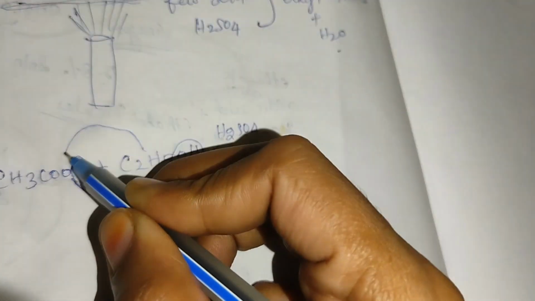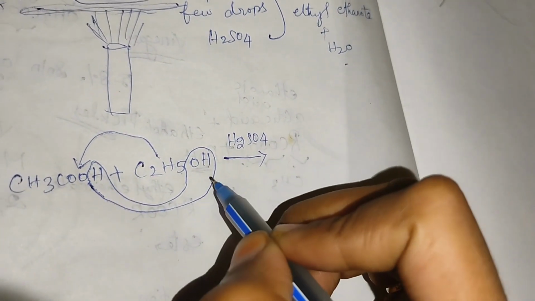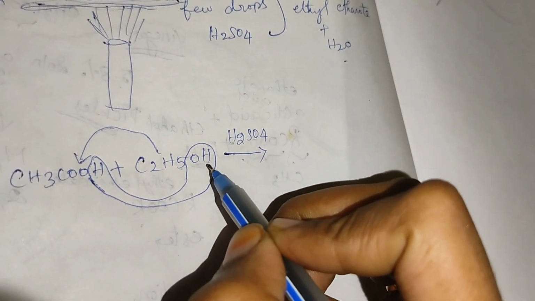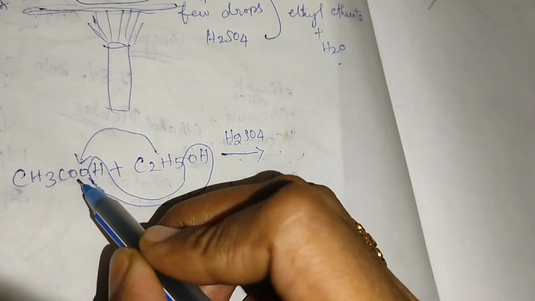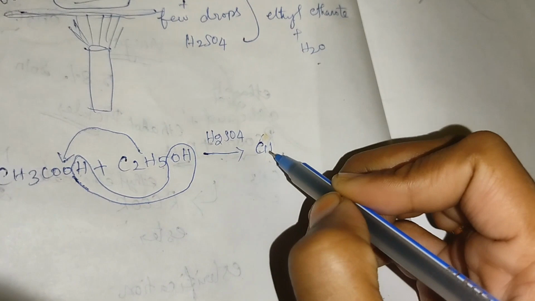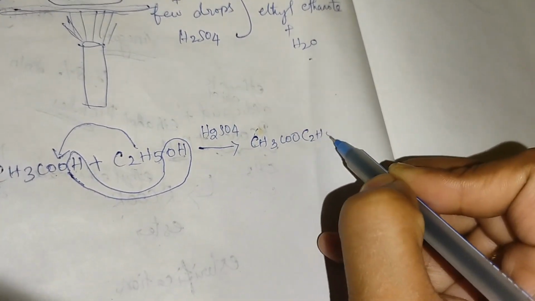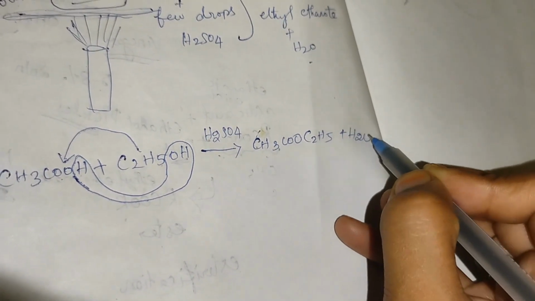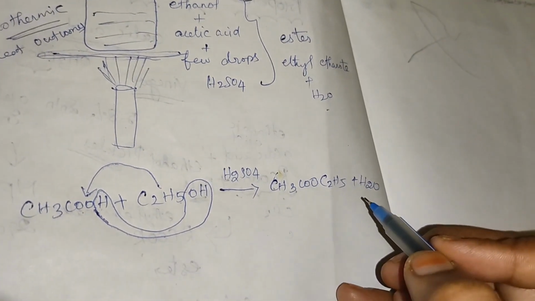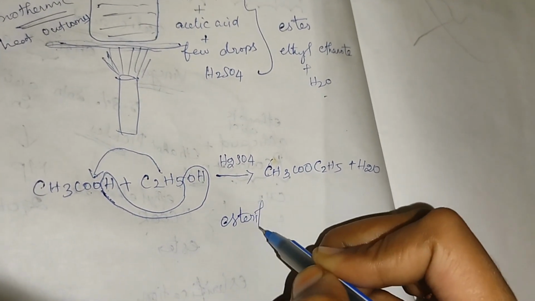This hydrogen joins with the OH and converts into water, and this C2H5 joins with the other group. Balancing, we write CH3COOC2H5. This is known as ethyl ethanoate, and water is separated. This is the derivation for this esterification process.